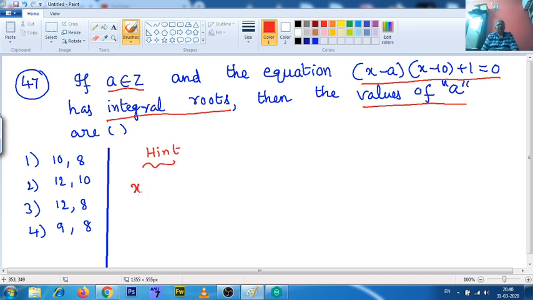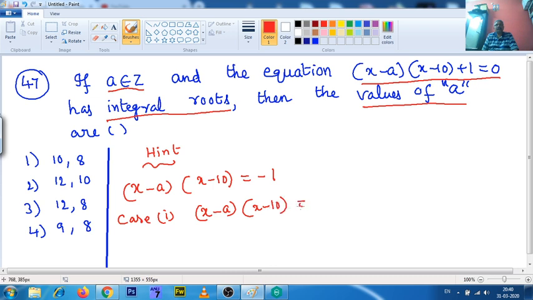So, (x minus a) into (x minus 10) equal to minus 1. Now, consider case 1. Here we can write (x minus a)(x minus 10) equals minus 1 into 1. So now we can compare: x minus a equals minus 1 and x minus 10 is 1.